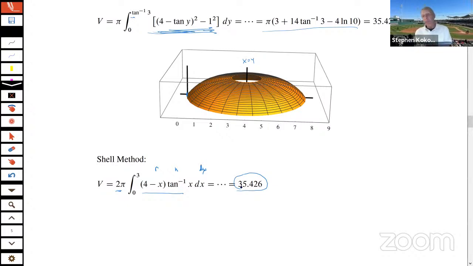We frequently get this question about the AP Calculus exam, Curtis. If some students look at a problem like this and they say, oh, this is too hard for me to do with the disk method. I can do it that way, but it's a lot easier with the shell method. Do they get full credit? And the standard response is correct mathematics receives full credit.